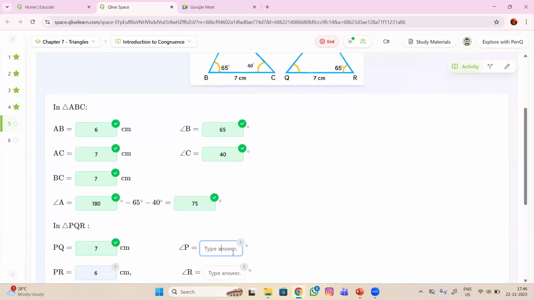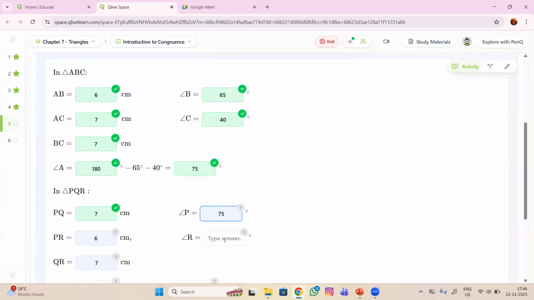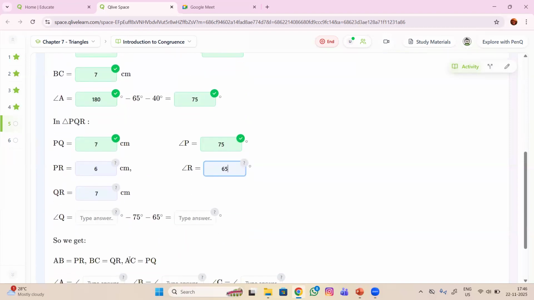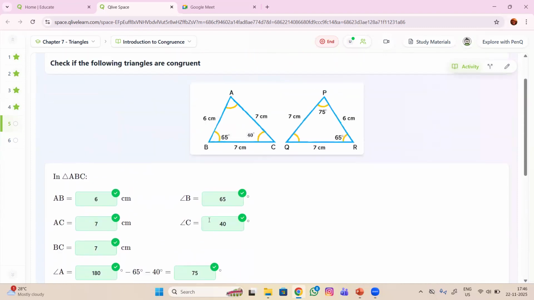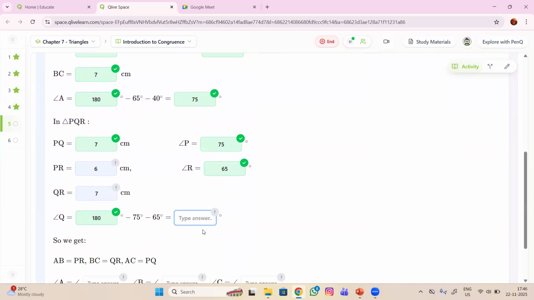Angle P is 75 degree and angle R is 65 degree. And what about angle Q? Yes, we can find it from the angle sum property of a triangle. The missing angle is 40 degree.